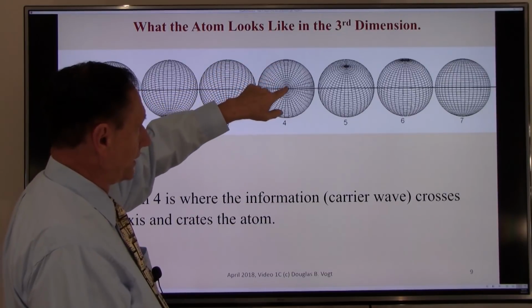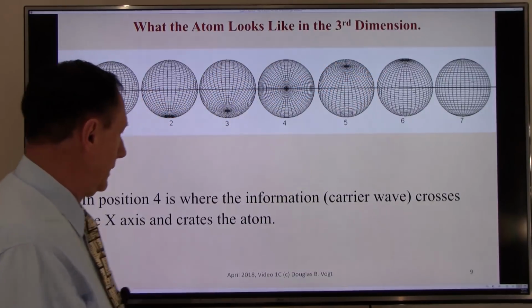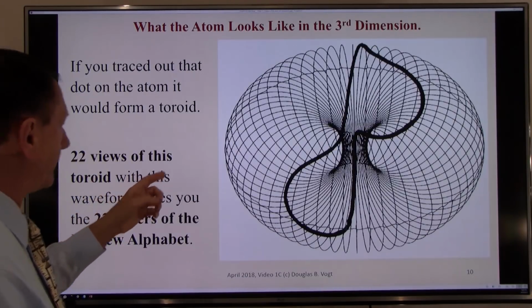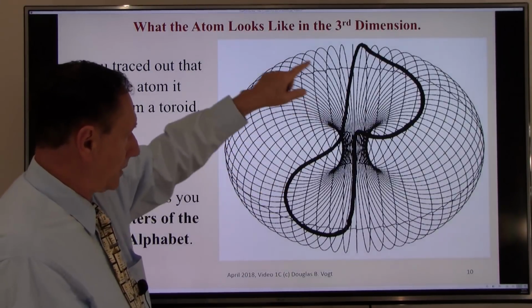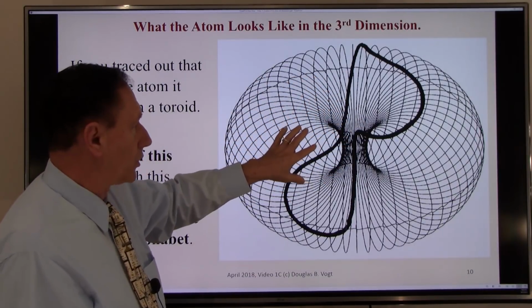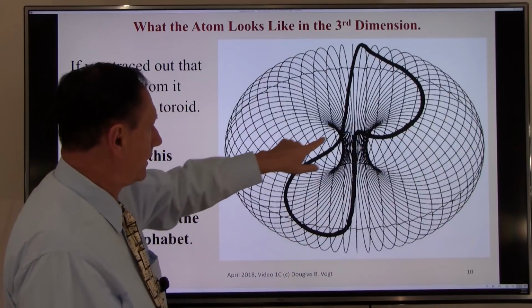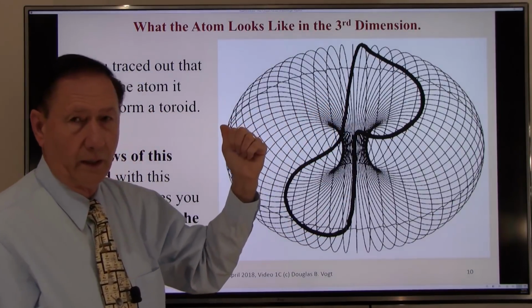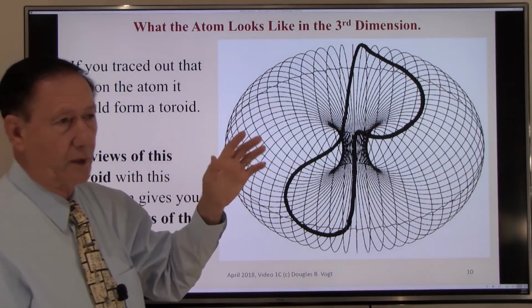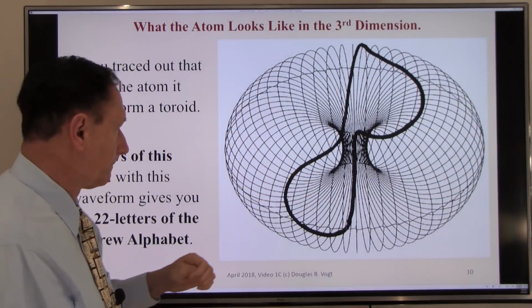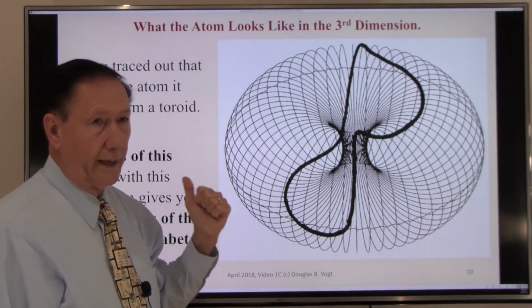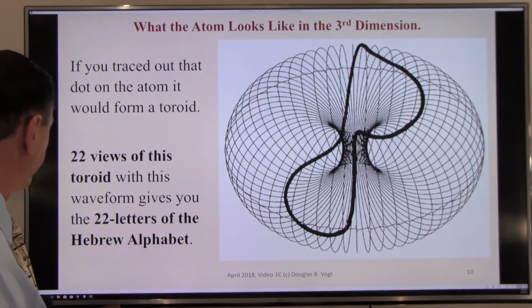This is where it crosses the x-axis, and flip and go over there. Here, it's going in a tight little circle in a round path, tracing out a toroid. This line here represents that carrier wave, that carrier wave modified by e to the x, the natural log. And I'll explain why. It's a delay in propagation.